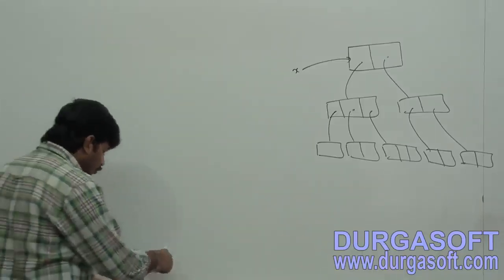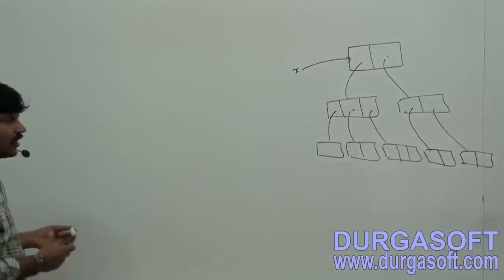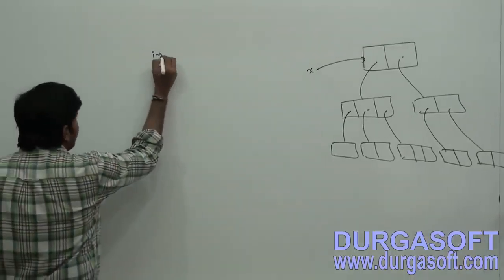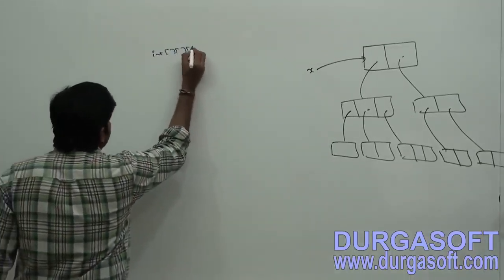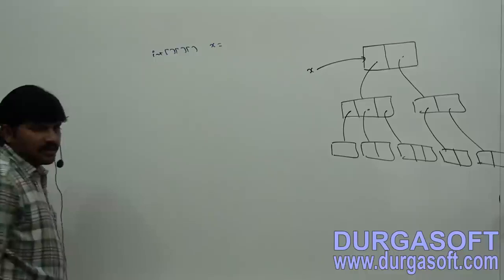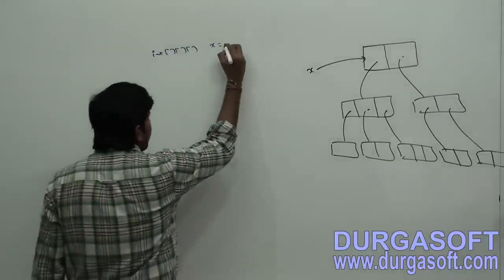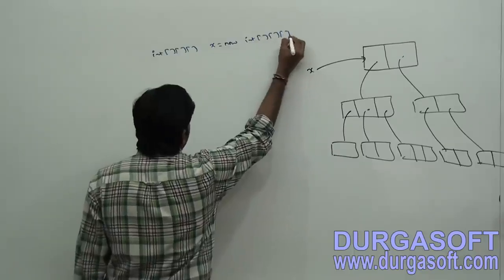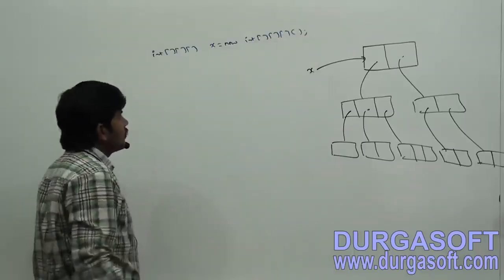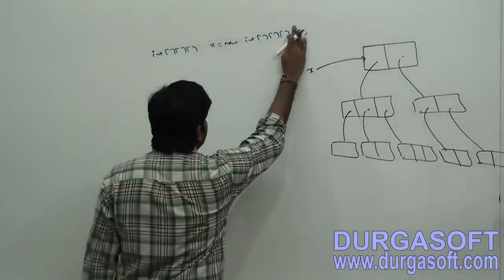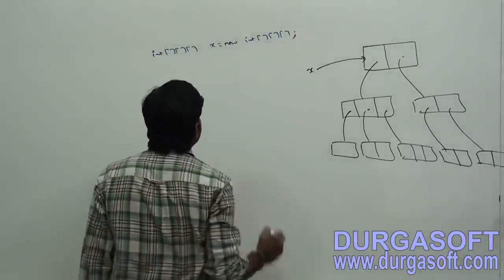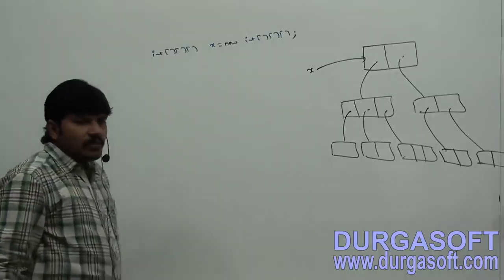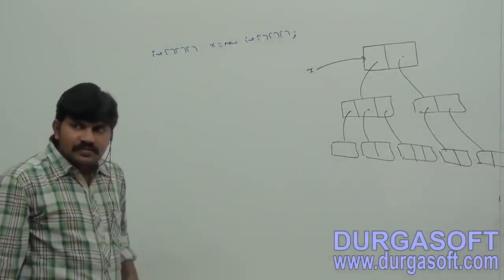Can you tell how to write equivalent Java code? Very simple. int 3 dimensional array x is equal to new 3 dimensional array like this. What is the base size?